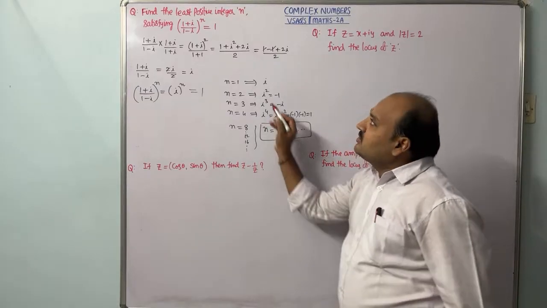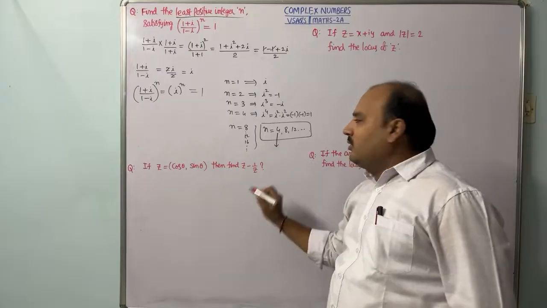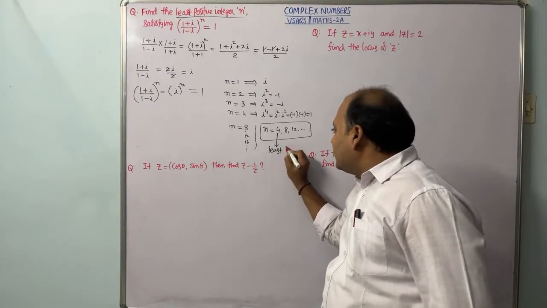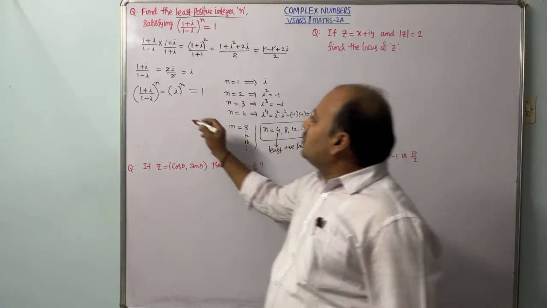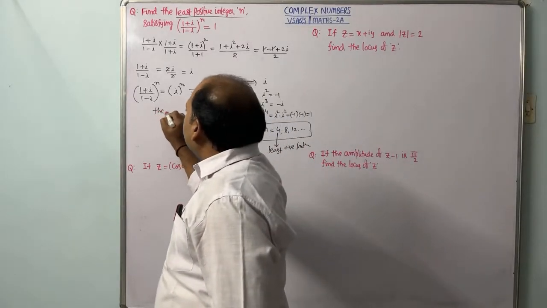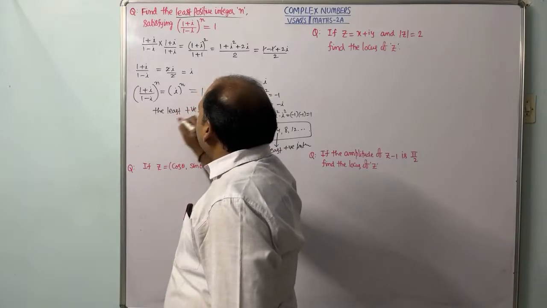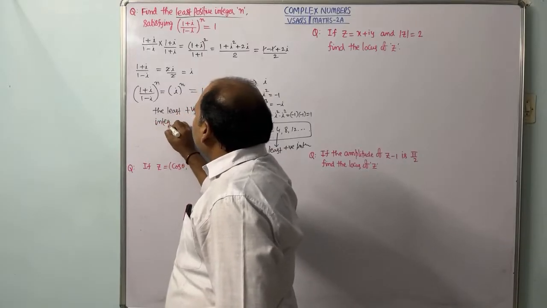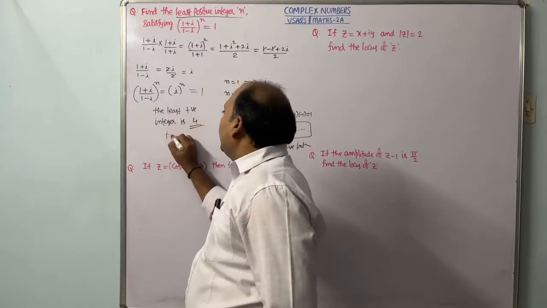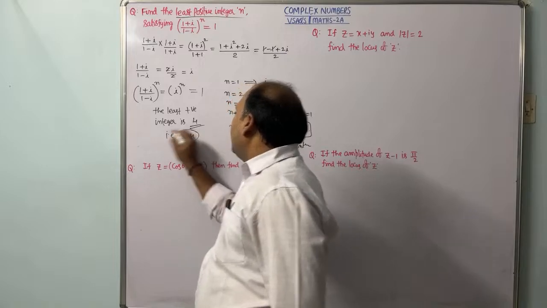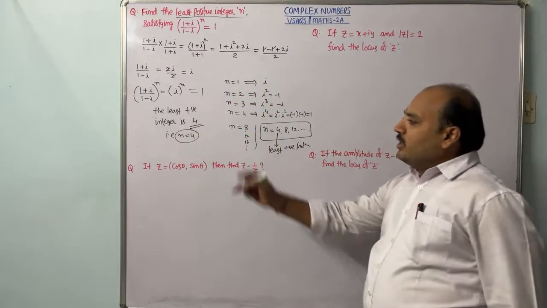Among these values, the least positive integer, among that least is what? Least positive integer. So therefore, the least positive integer is 4. That is n is equal to 4, dear students. I hope you understand. This is the way you can give it.